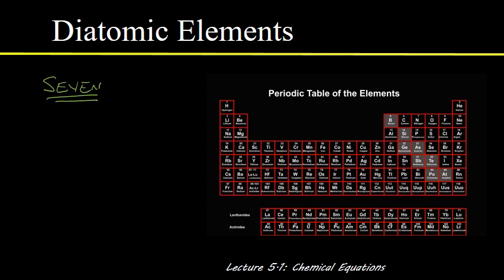And so to remember what the diatomic elements are, you start with nitrogen, which is atomic number 7, and then you make the shape of a 7, right? So you get nitrogen, oxygen, fluorine, chlorine, bromine, and iodine, and that's only 6, right? N2, O2, F2.